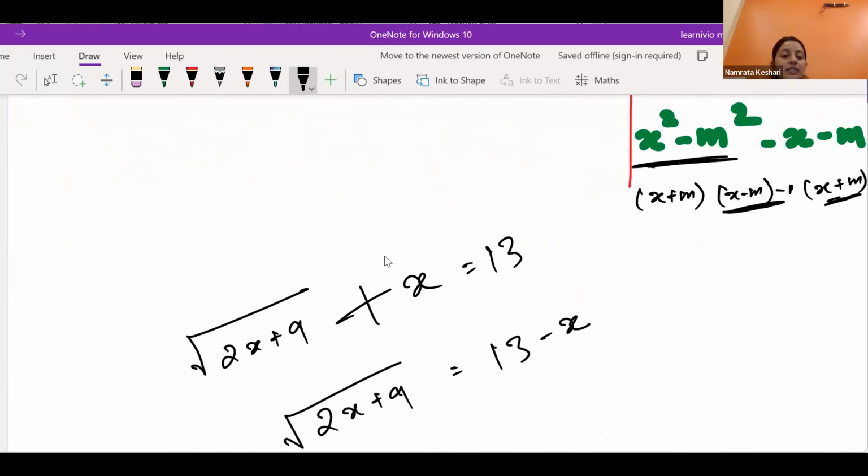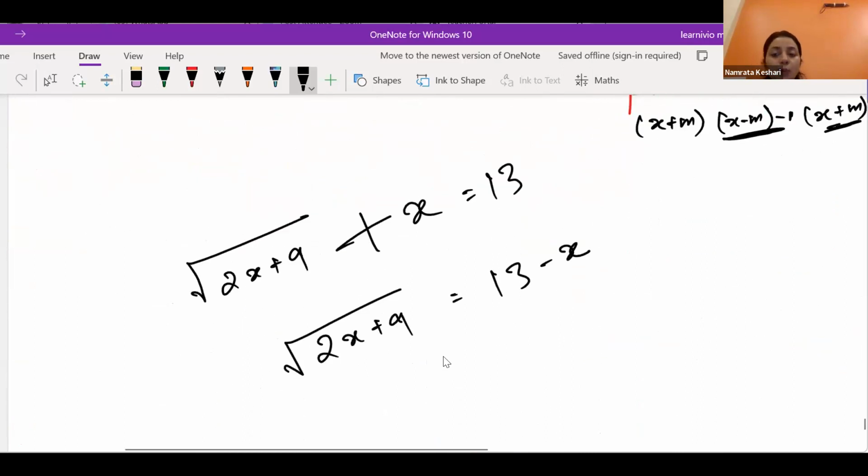Whenever you have this type of square root term and it says to solve it, you have to keep the square root term on one side and all the remaining terms on the other side, and then square both sides. Once you square both sides, you will get a quadratic form, where splitting the middle term or the quadratic formula can be used to find the x value. Are you getting it? Here, check it when you square both sides.